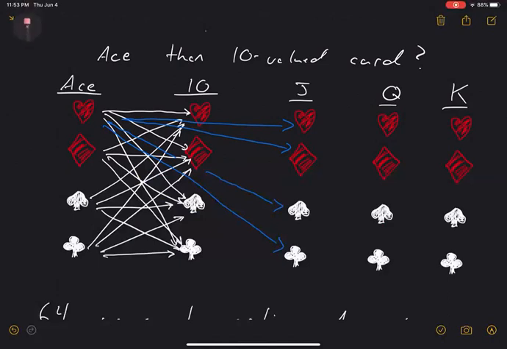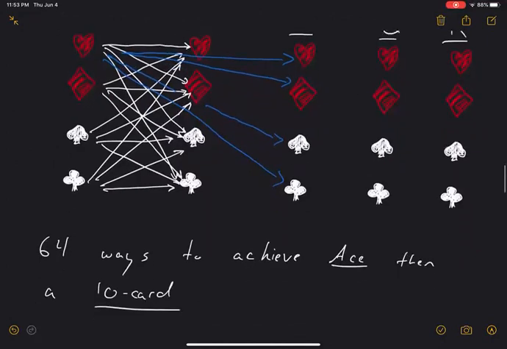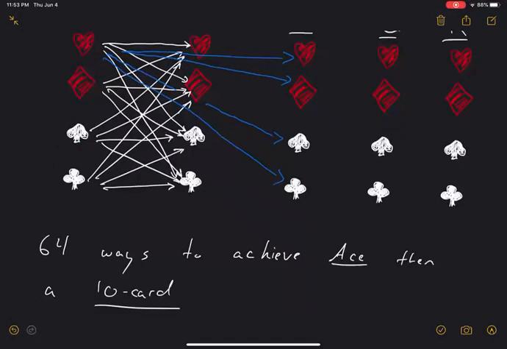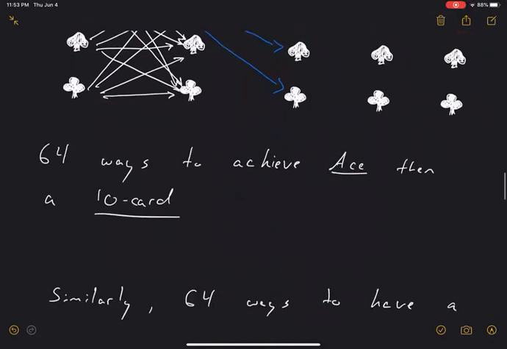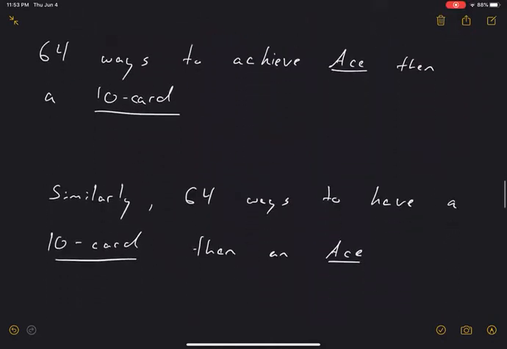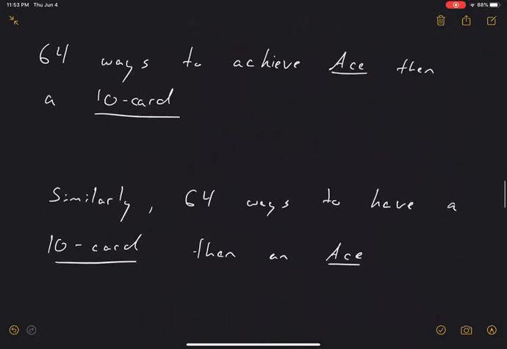Same thing if my first card is an ace of diamonds, I'm going to have 16 ways of getting blackjack. Same thing with ace of spades and ace of clubs. So in total, there are 64 ways to achieve blackjack if my first card is an ace and my second card is a 10 card. Similarly, there are another 64 ways where I choose a 10 valued card first and then an ace.